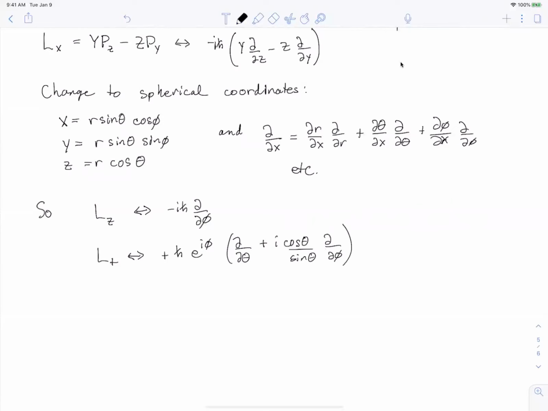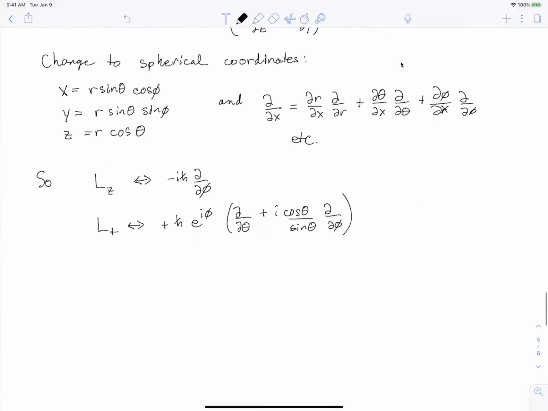In my opinion, cotangent is a highly overrated operator. Okay, and L minus is the same thing, except with various minus signs, but otherwise it's identical.